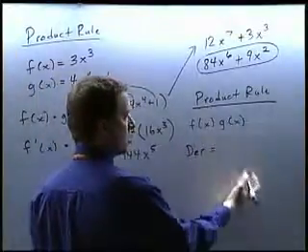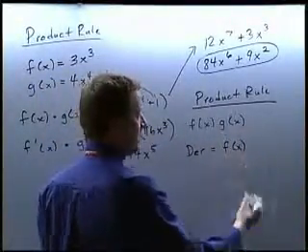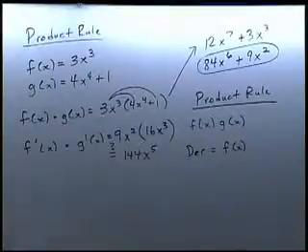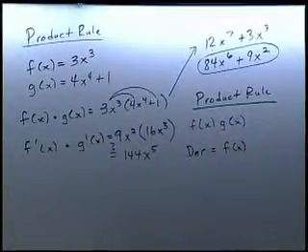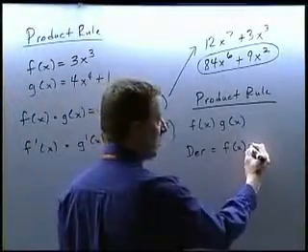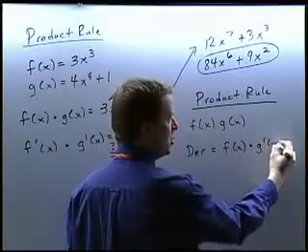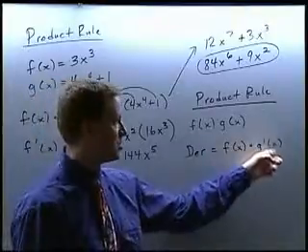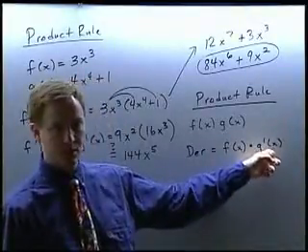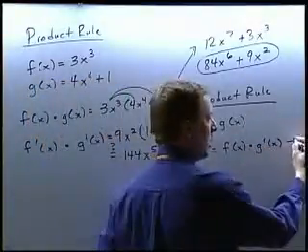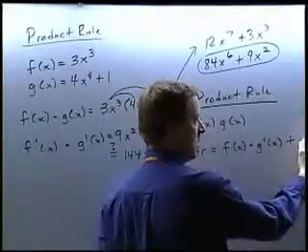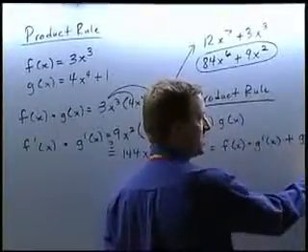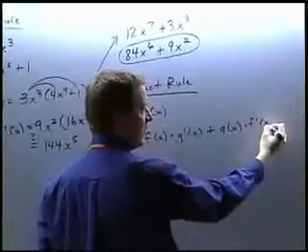The derivative equals, we're going to take the first part of the product, and just leave it, f of x, just stays there. Now we're going to multiply that by g prime of x. Okay? So we take the first piece times the derivative of the second piece, and then plus we do the exact opposite. We take the second piece times the derivative of the first piece.